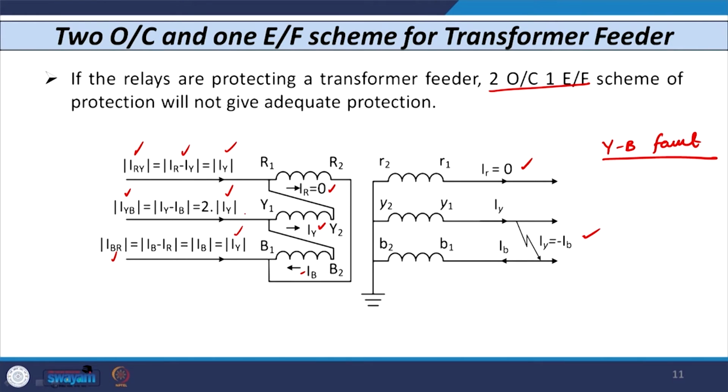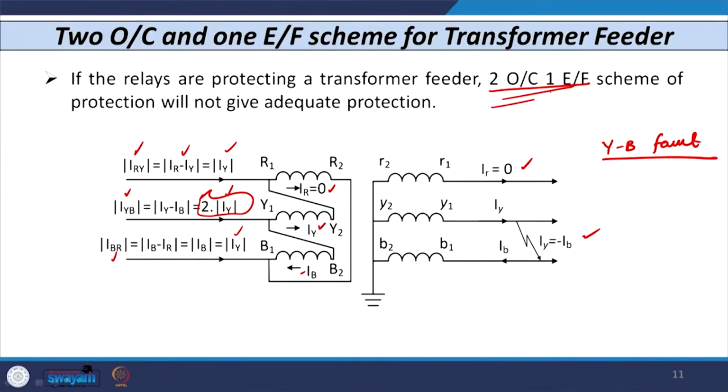So you can see that when a YB fault occurs, and we have removed the phase unit from Y phase, in Y phase we have a current magnitude that is 2 times the normal current, right. So, 2 times the magnitude of IY current flows in Y phase, in which we have removed the unit.